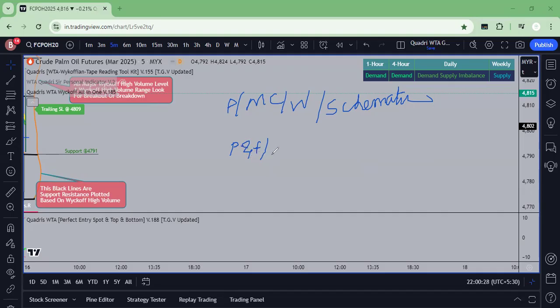And after that, what else can I say: there are three laws of Wyckoff, and apart from this, phase analysis and schematic, point and figure, and tape reading.